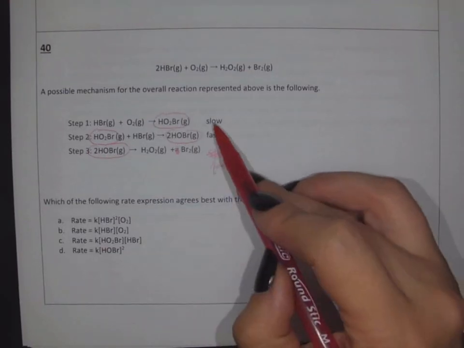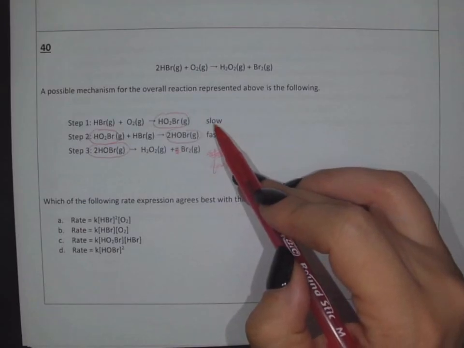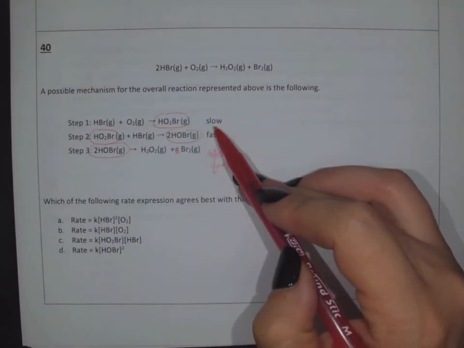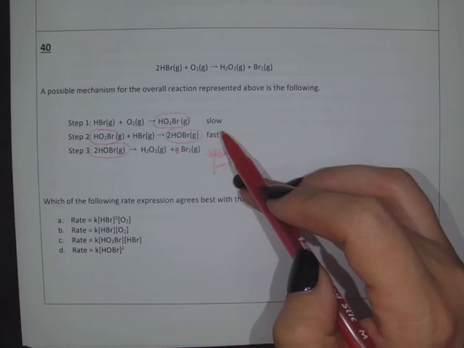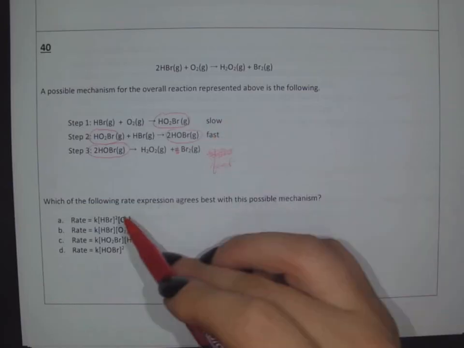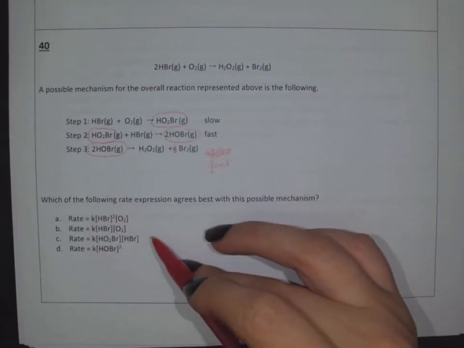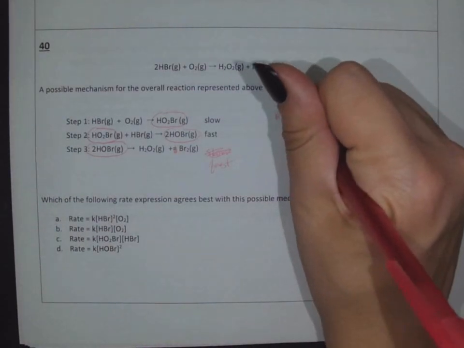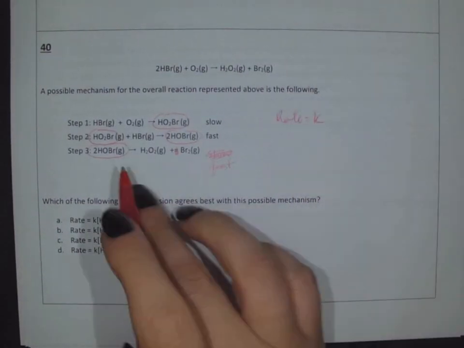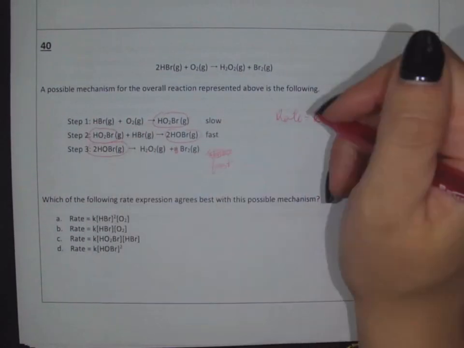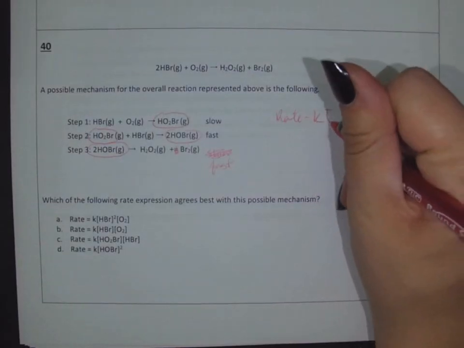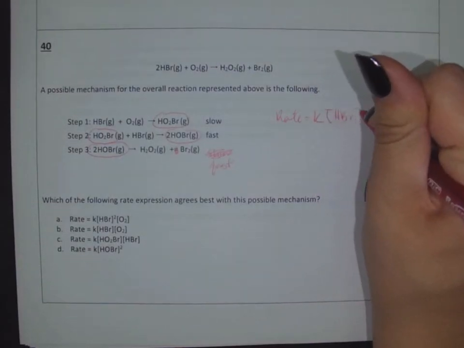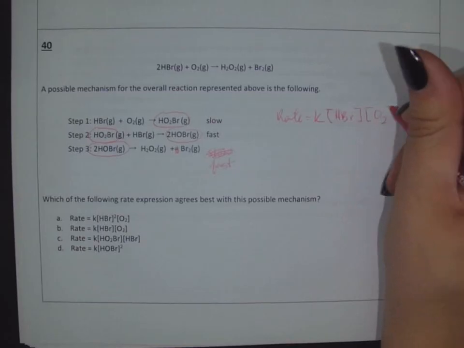Then you go to your slow step, and you write the rate law of the slow step because the slow step is the rate determining step. Whatever the rate law is of the slow step, that is the rate law for the whole reaction. So rate is equal to k, and then you put the reactants, not the products: the concentration of HBr and O2.